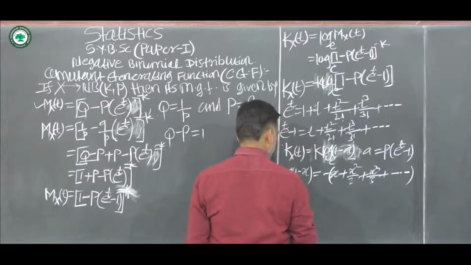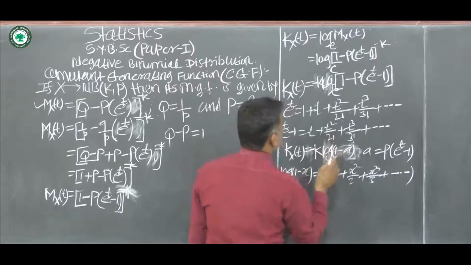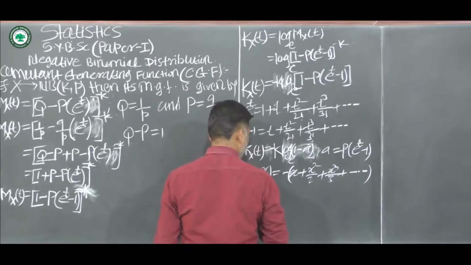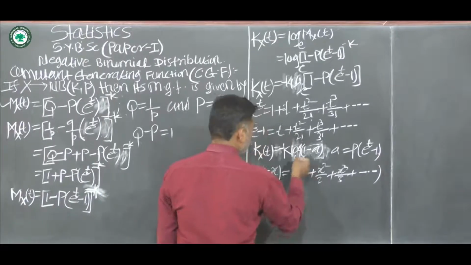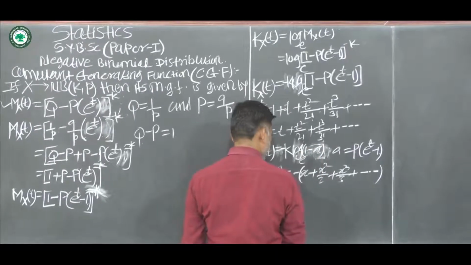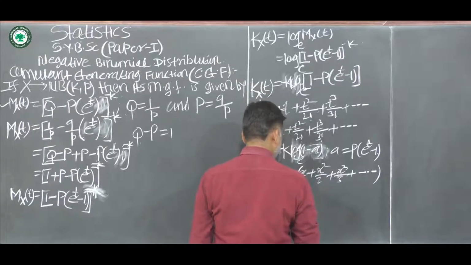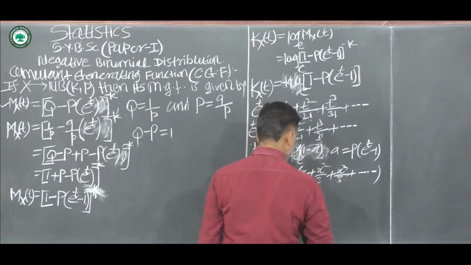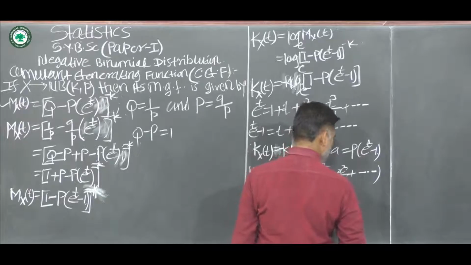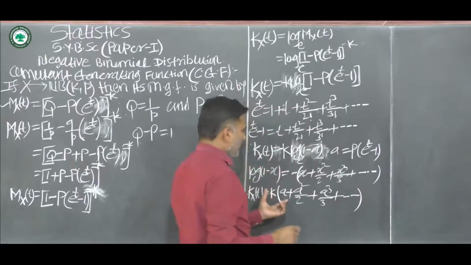Therefore, with the negative sign, K_X(t) is equal to k into (a plus a square by 2 plus a cube by 3 plus so on).